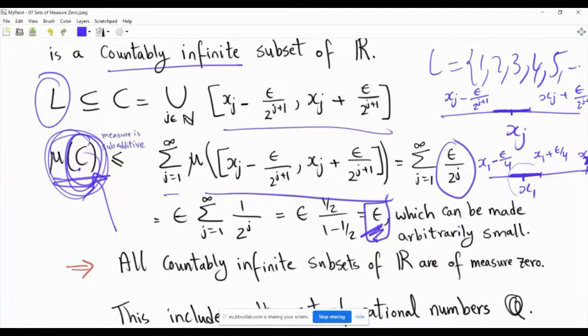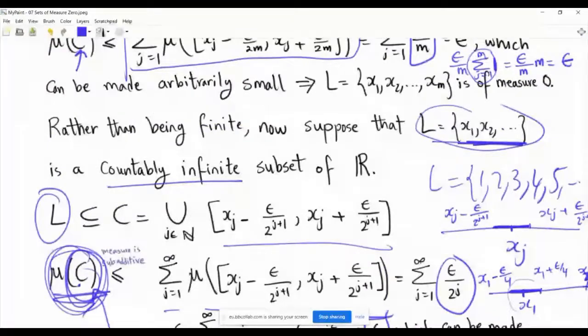And so L, which is a countably infinite set of points, has the cardinality of the natural numbers, and so we can say x1, x2, and so on. Because it's countably infinite, we can index this set with the natural numbers. That's the reason we say x1, x2, and so on.